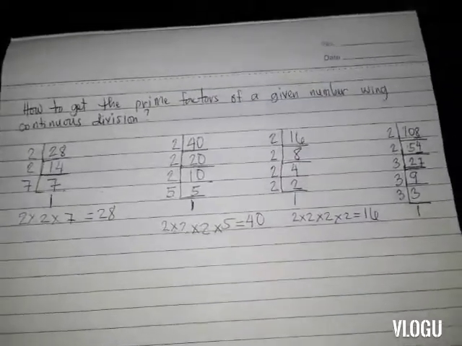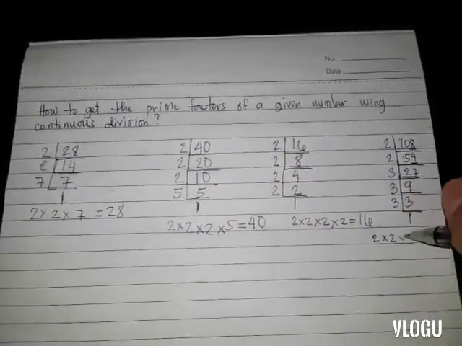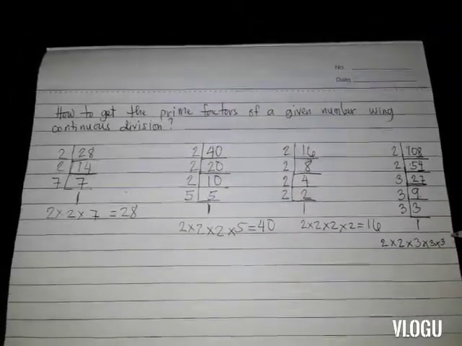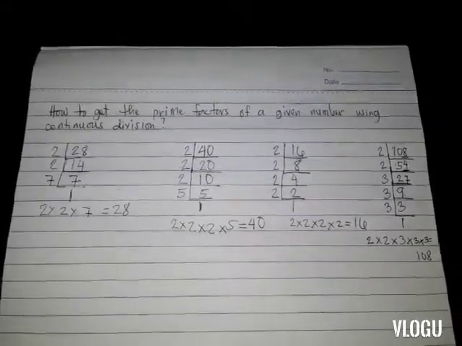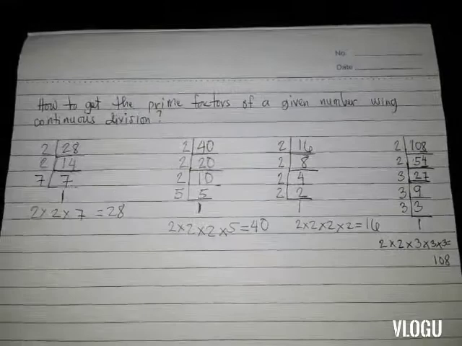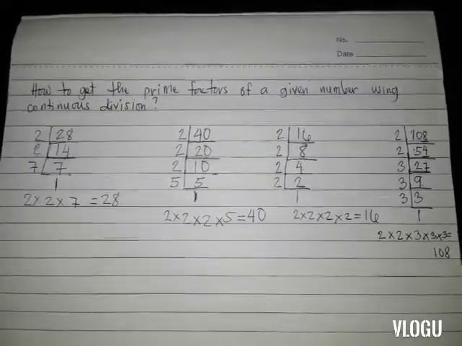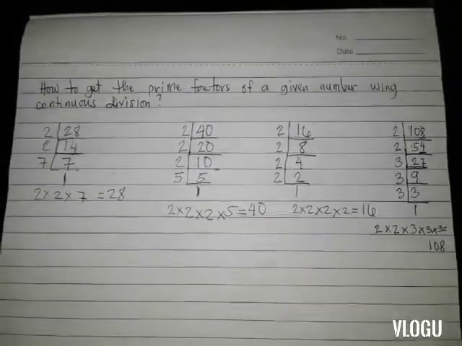Therefore, our prime numbers are 2 by 2 by 3 by 3 by 3, which is equal to 108. Okay, so that's how we get the prime factors of a given number using continuous division.